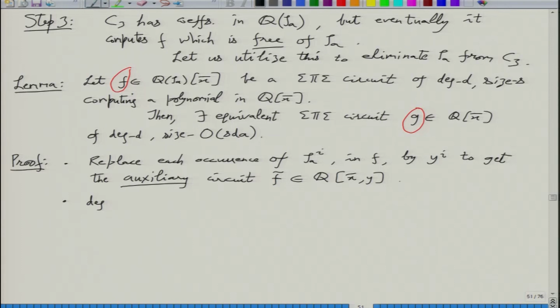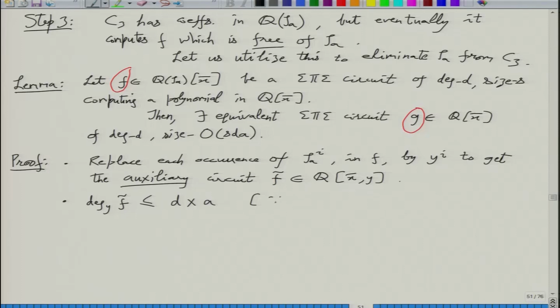What is the degree with respect to y? How bad can y get in terms of degree? So the original circuit degree bound was d, right? So it is d times what is the highest i in zeta a to the i? That highest is a, right? So that's the bound, d times a.